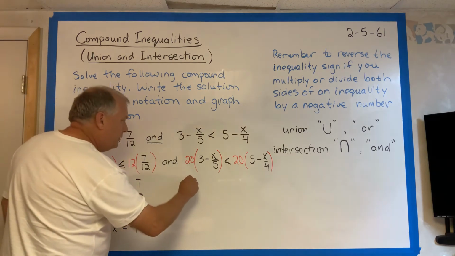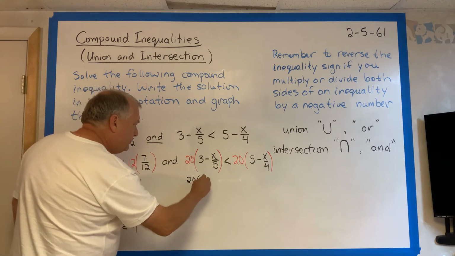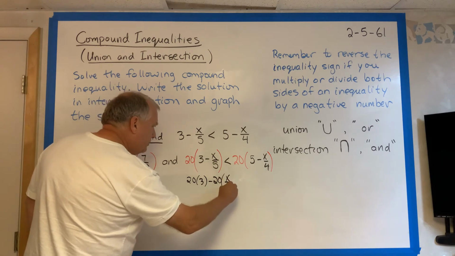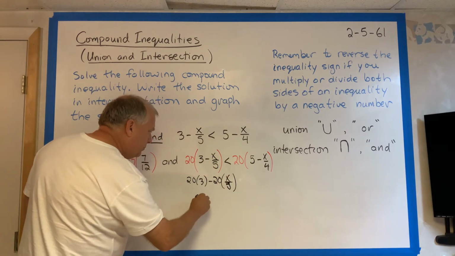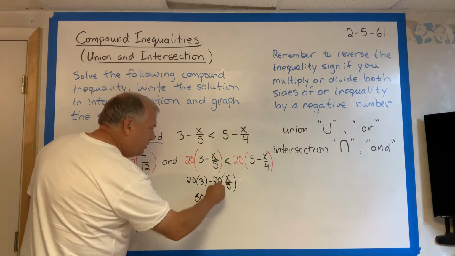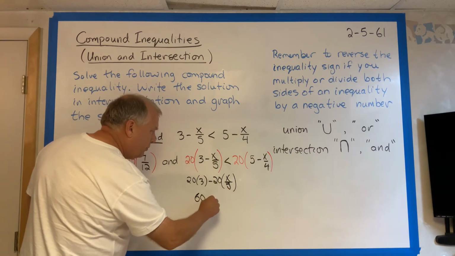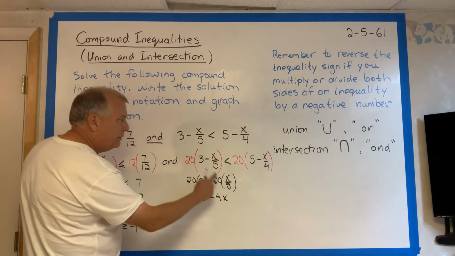Now on this side, I have 20 times 3 minus 20 times x over 5. 20 times 3 is 60. And 20 times x over 5, multiplied by 20, divided by 5 is 4. Don't forget the minus sign in between.